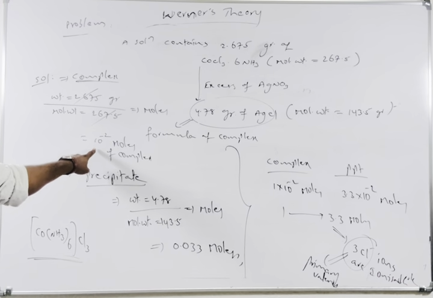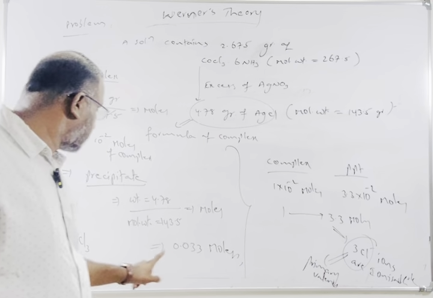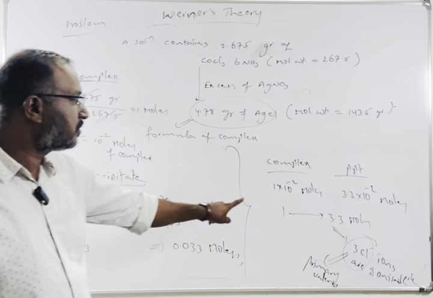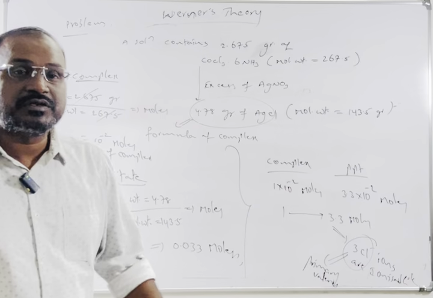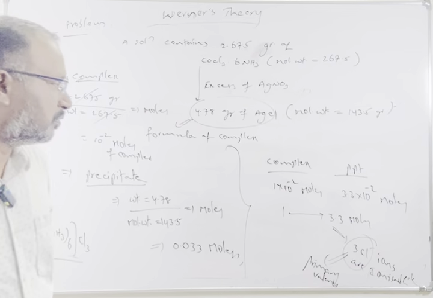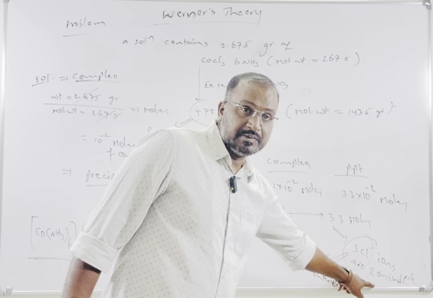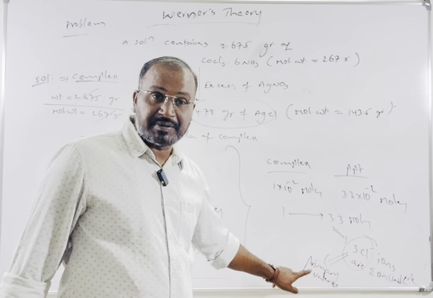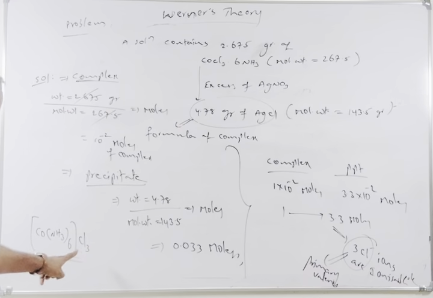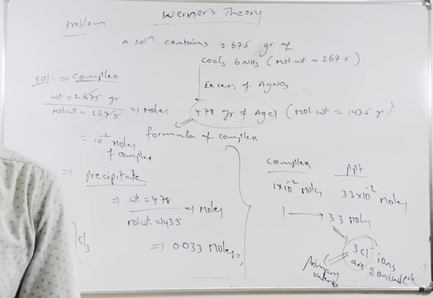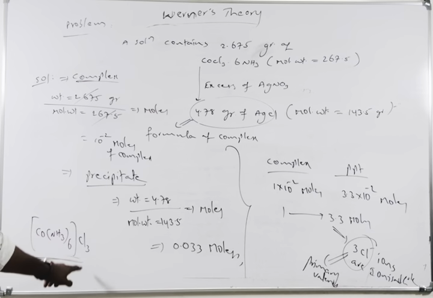If I convert that weight into moles, I got 10 power of minus 2 moles, and converting this weight into moles, I got 0.033. So 1 into 10 power of minus 2 moles of complex gives 3.3 into 10 power of minus 2 moles of precipitate, roughly 3 moles. 1 mole giving 3 moles means 3 chloride ions are ionizable, present in the primary valency. If I write the 3 chlorides outside the coordination sphere, inside the coordination sphere 6 NH3 will be there. The formula becomes [Co(NH3)6]Cl3.